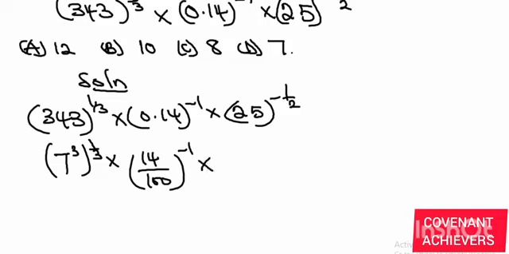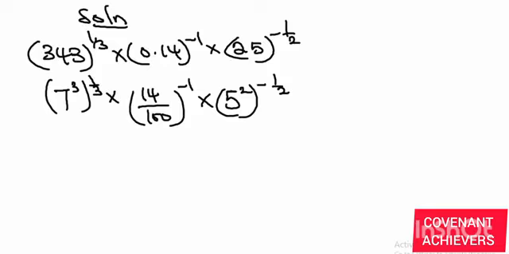And then times, this is 5 raised to power 2 raised to power minus 1 over 2. Okay, now from here we could see that this 3 will cancel the 3, so that is 7 times, and here this is going to be the inverse, that's going to be 100 over 14.